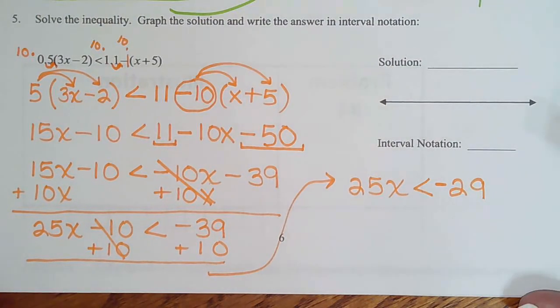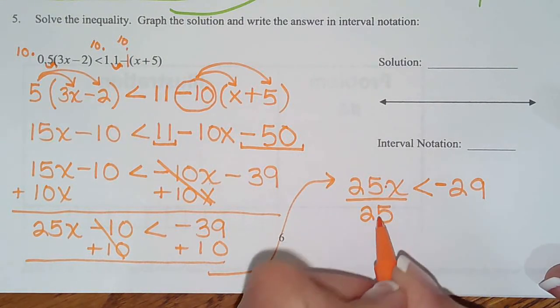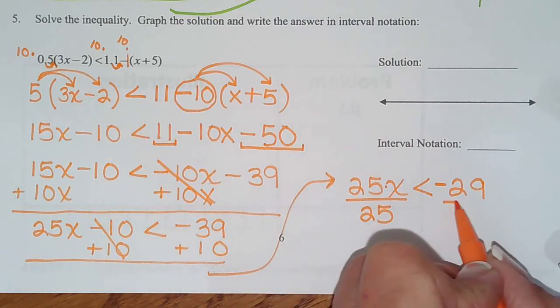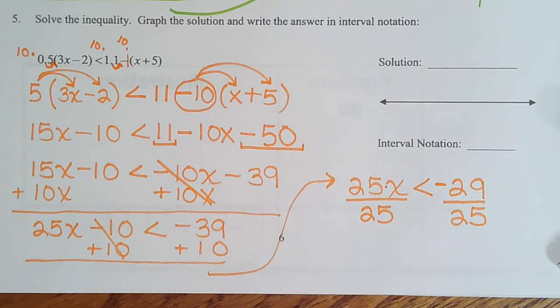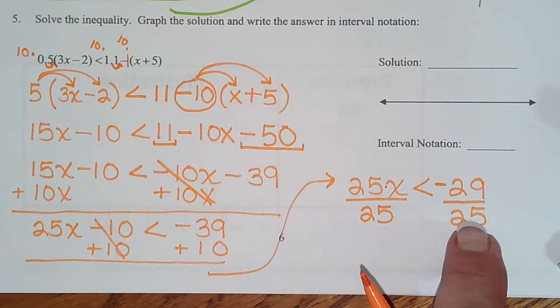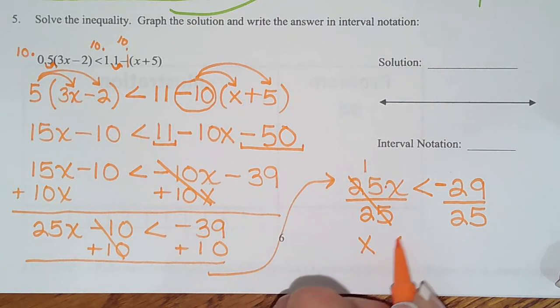And then last step, this is times 25, so we do the opposite, and we're dividing by a positive 25, which does not change the symbol, remember. Only if you divide by a negative. So we still have the less than sign.